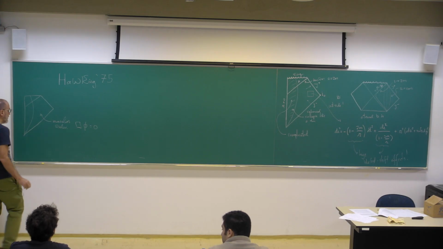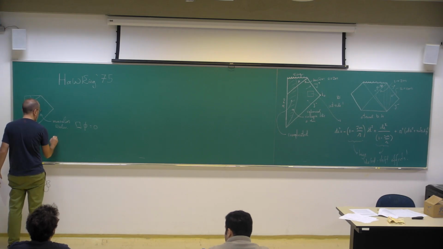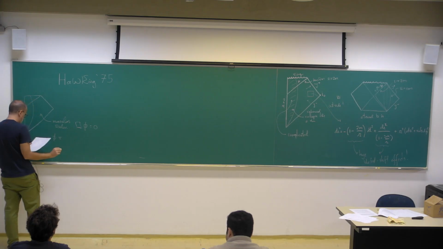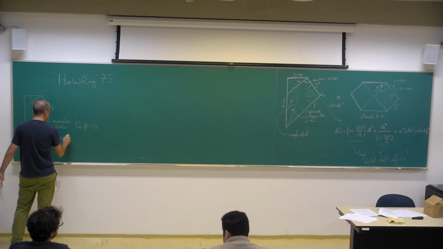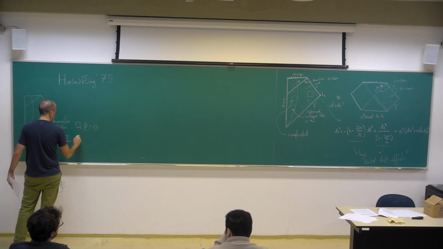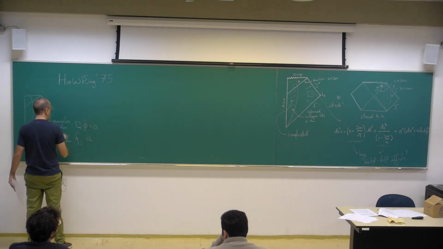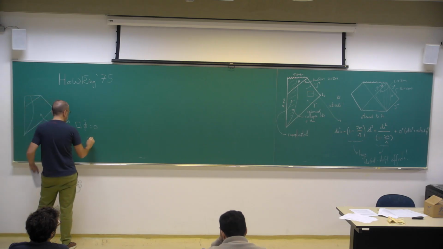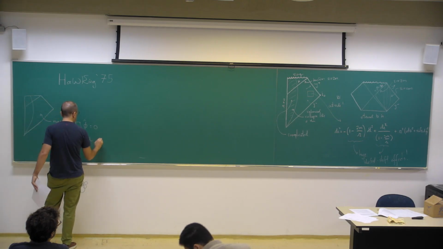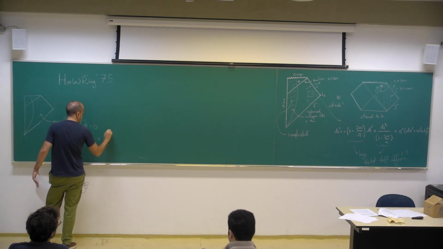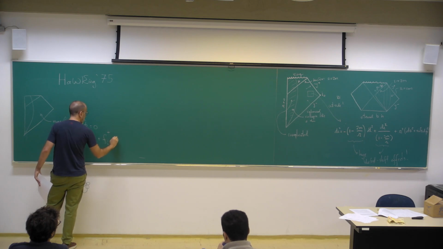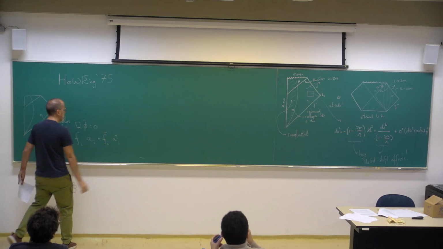And then I can decompose my scalar phi, my operator that I'm quantizing, as a sum of functions f_i times some annihilation operator plus f_i conjugate times f_i dagger.